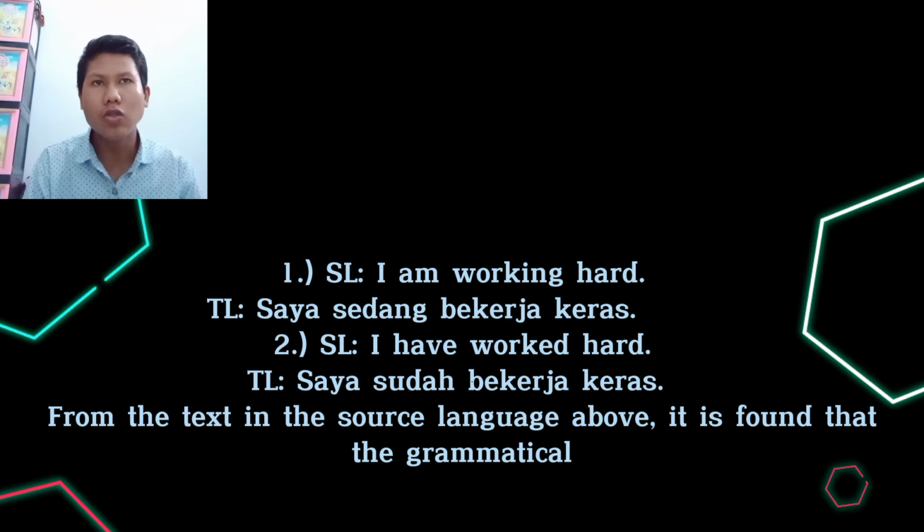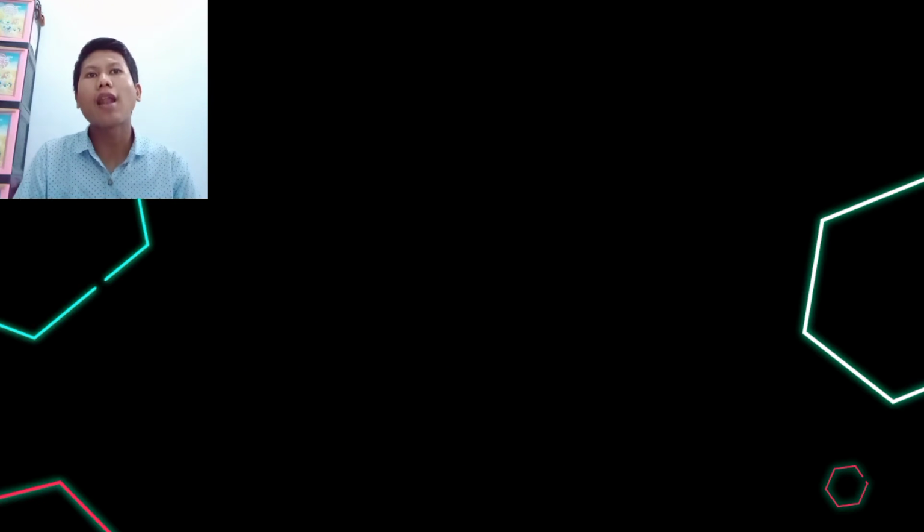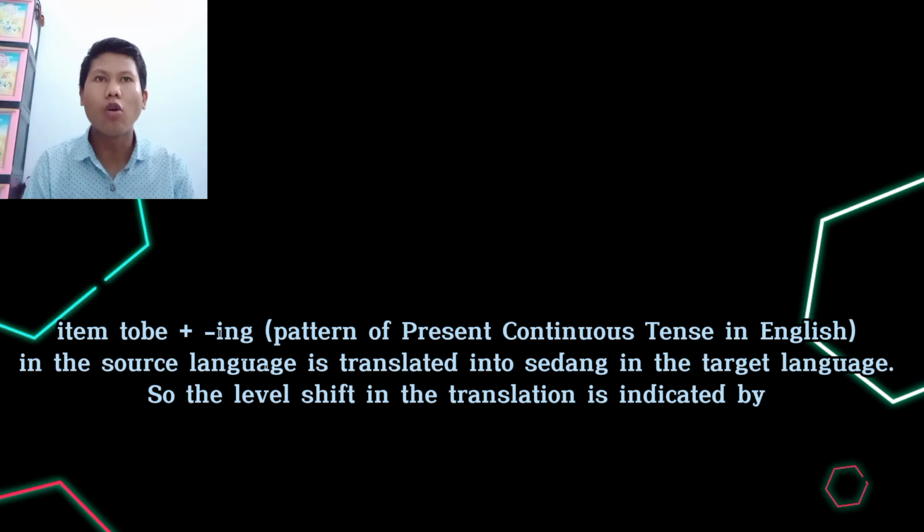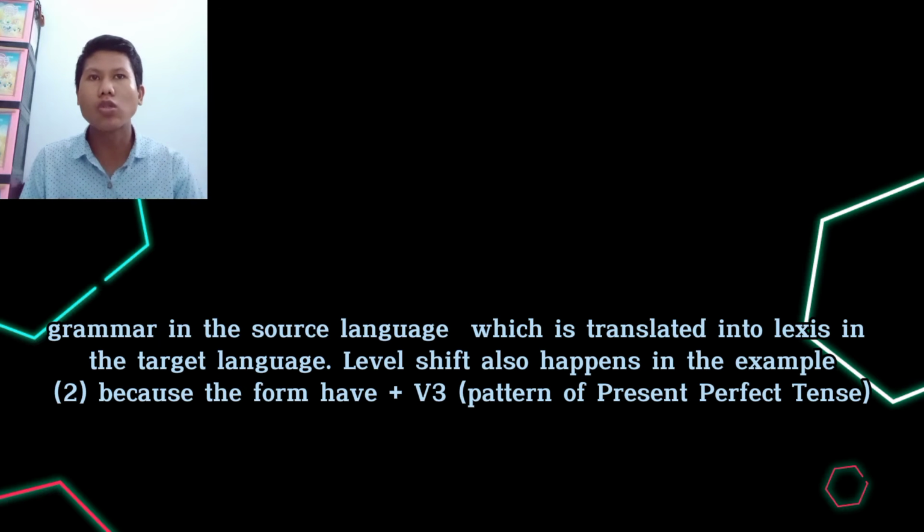From the text in the source language above, it is found that the grammatical item to be plus V-ing, or the pattern of present continuous tense in the source language, is translated into sedang in the target language. So, the level shift in translation is indicated by grammar in the source language, which is translated into lexis in the target language.